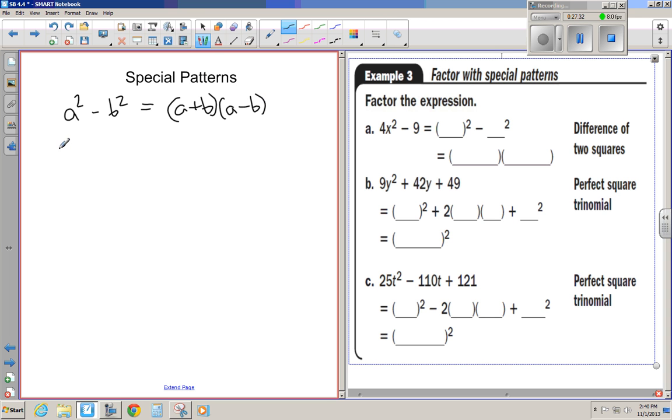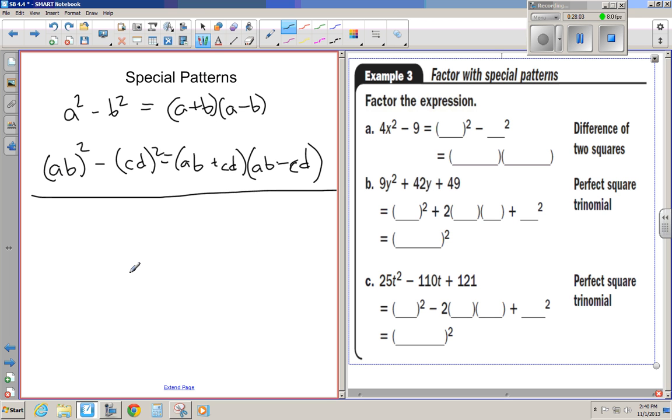But it could be that you have (ab) squared minus (cd) squared, and now what you end up with is exactly what you thought, ab plus cd, and then ab minus cd. So you're going to have to remember some of that.